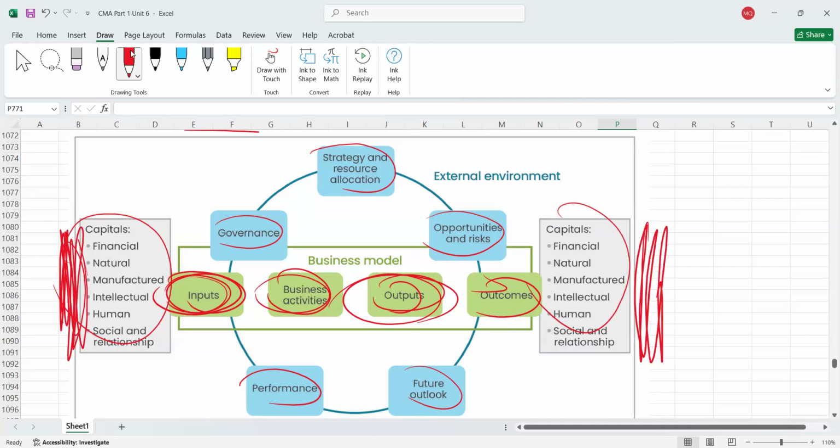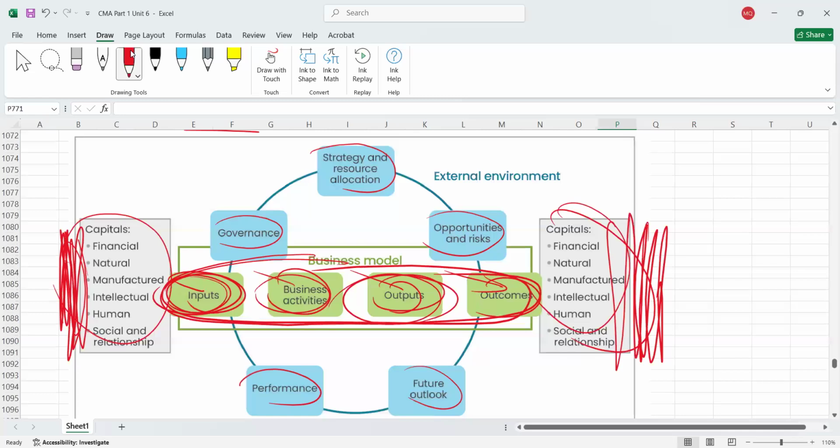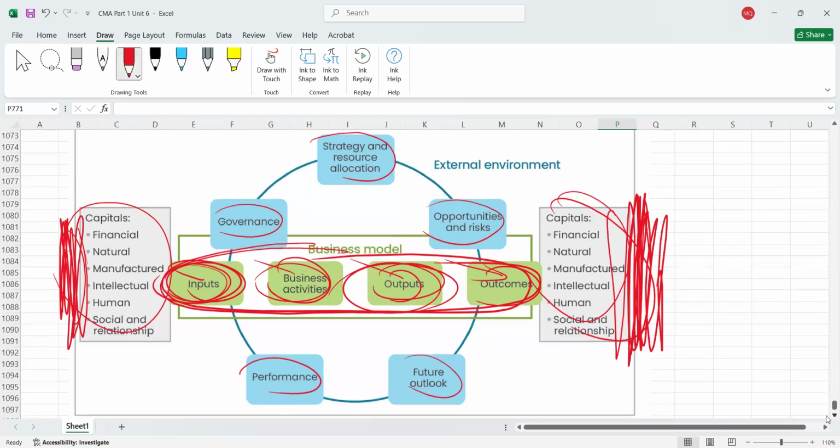Because once you do this business process, for example, if you are a manufacturing business, you bring in the material, you do the production, you produce the products, and you sell the products, and the products might affect the environment, people, etc. So in these gray panels, you have to explain the effect of your business model on these capitals. Due to this business model, which capital has increased and which has decreased, that you have to include.